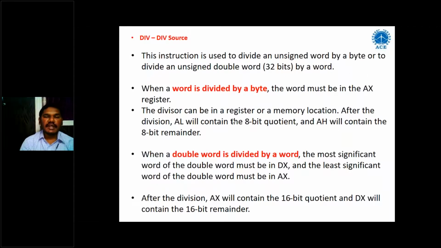AL will contain the 8-bit quotient, and AH will contain the 8-bit remainder. So 8 bits and 8 bits make 16 bits, and this 16-bit content can be stored in the AX register, since AX is a 16-bit register.